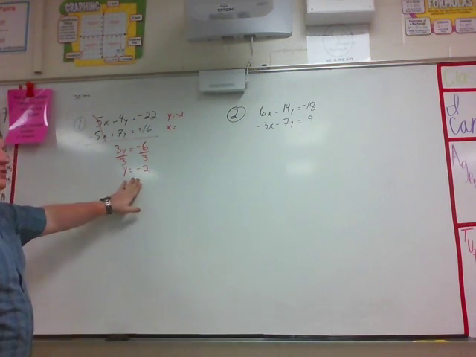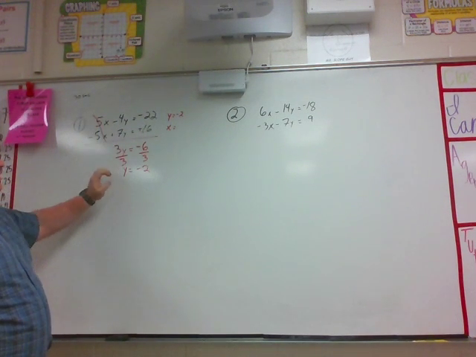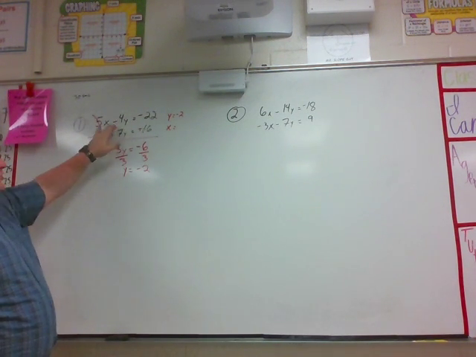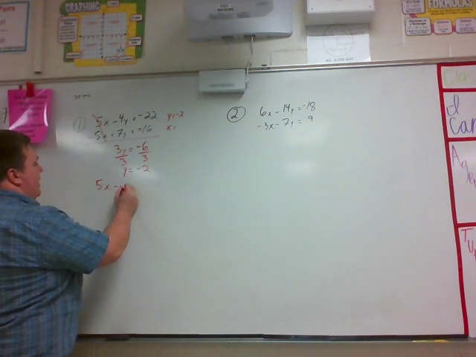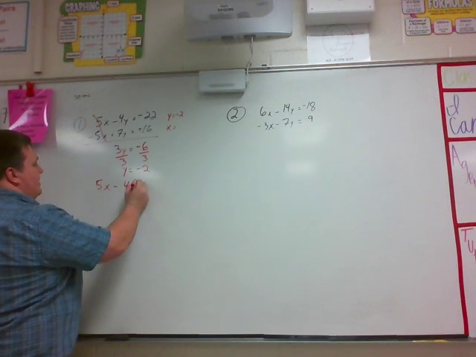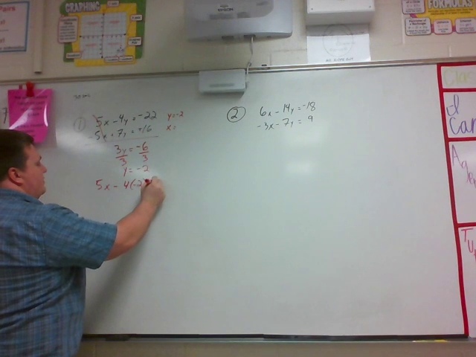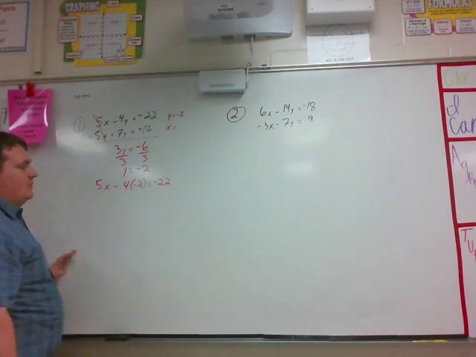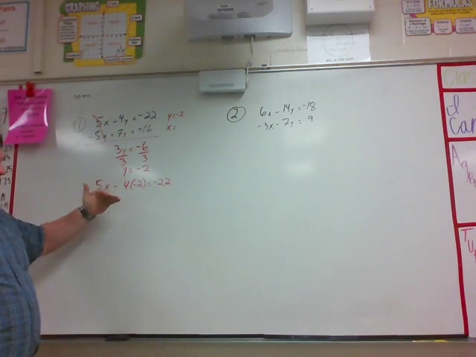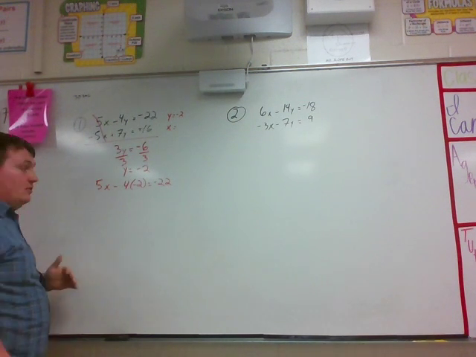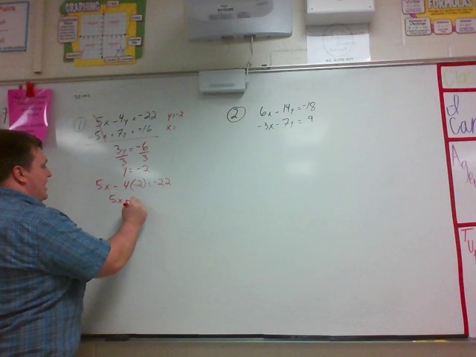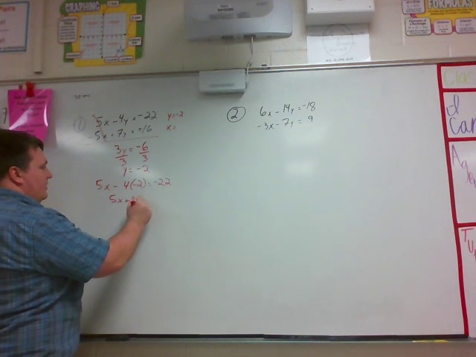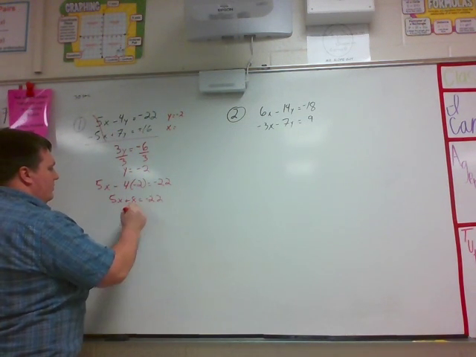So we know y is equal to negative 2. We go back to our original equation. Let's do the first one. We got 5x minus 4 times negative 2 equals negative 22. From here, combine like terms, multiply this here, we simplify here. 5x plus 8, because negative times a negative is a positive, equals negative 22.